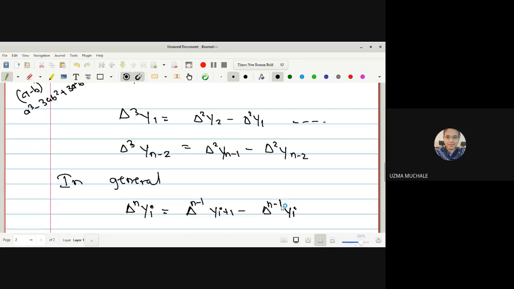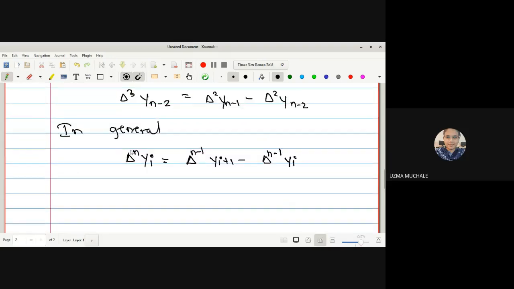Is it correct? If you put n equal to 1, what will it be? It is delta raised to 1, n is 1, 1 minus 1 will be 0. If I write for delta square, it will be delta yi plus 1 minus delta yi, right? Are you getting this formula? Yes, ma'am. So let me evaluate this.